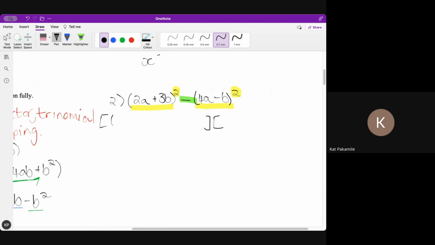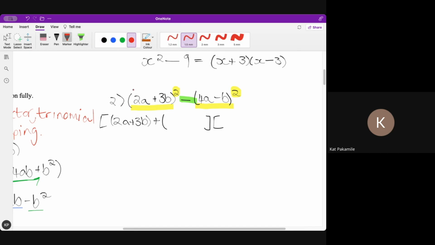Remember, if it was x squared minus 9, then you'd have x plus 3, x minus 3. Yes, Alice. The base over here is just the square root of this, which would be 2a plus 3b. Plus, and what would the base of the second one be? No, you're falling into the trap.